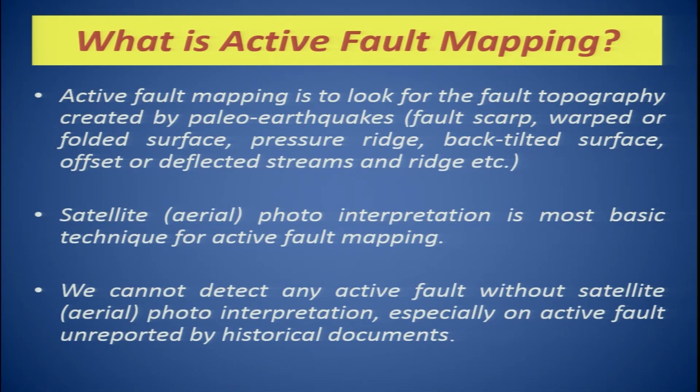Okay. This suggests that if we know these are active fault regions, then you will be easily able to pick up the active fault. But if there is absolutely no evidence reported, evidence might be lying on the surface, but if there is no report of an active fault in any region, then it will be difficult to locate it just by going in the field.